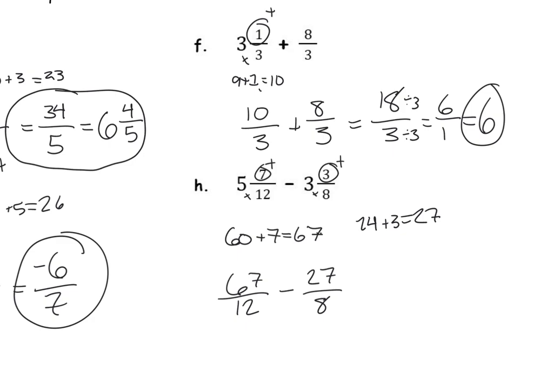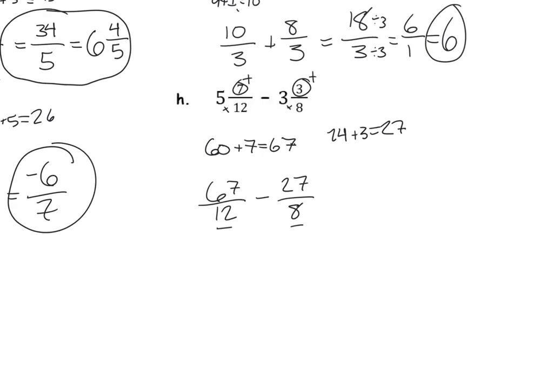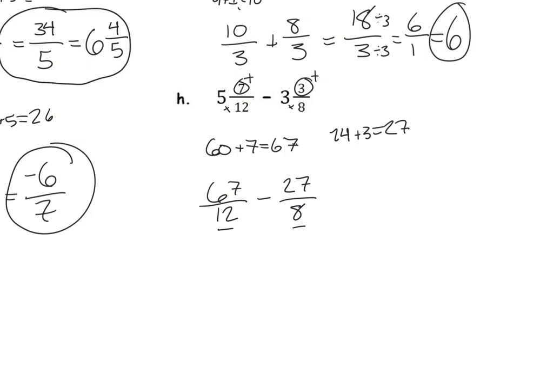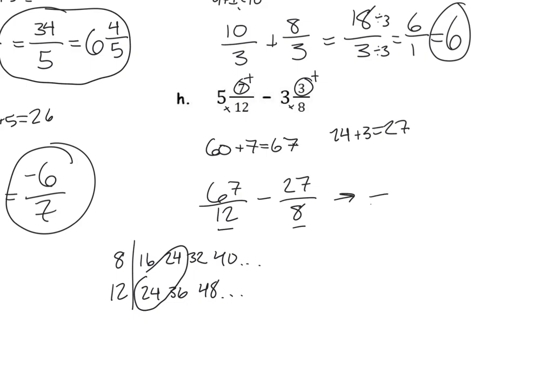Notice I do not have common denominators, so I cannot go anywhere else until I do. So we have to figure out what is a common denominator between 12 and 8. Well, listing it out. 8, 16, 24, 32, 40. 12 is 24, 36, 48. But we can see here we've got a match at 24. So I'm going to change both of these to have denominators of 24.